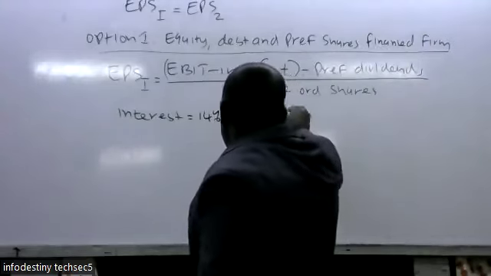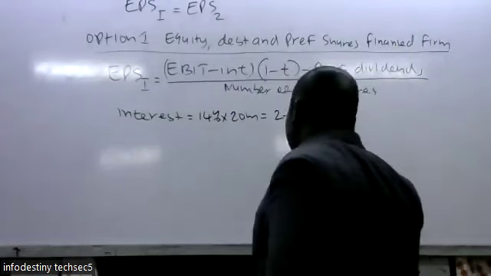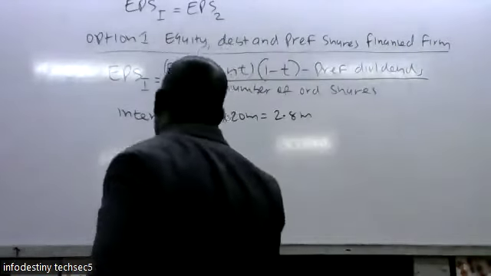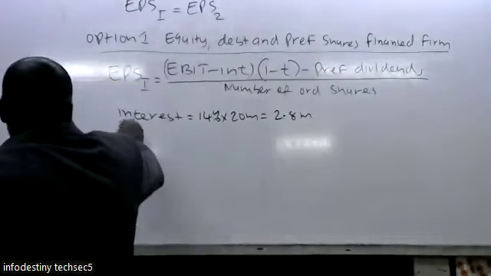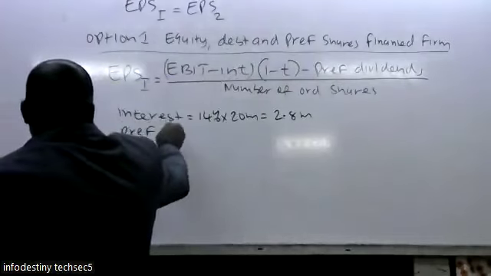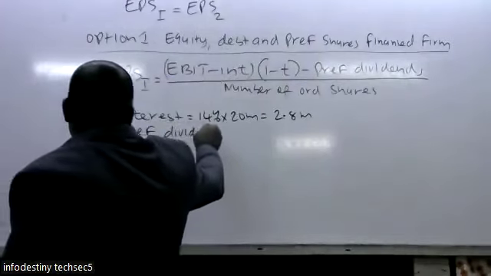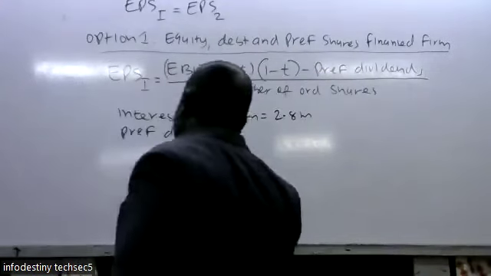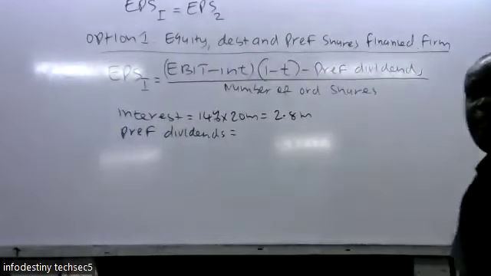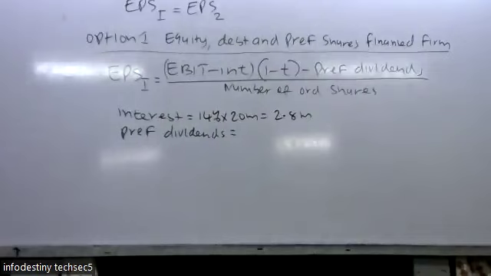Then the next item is supposed to be the preference dividends. We also compute the preference dividends. Preference dividends also, go to the capital structure. Are you able to see 10% preference share capital?